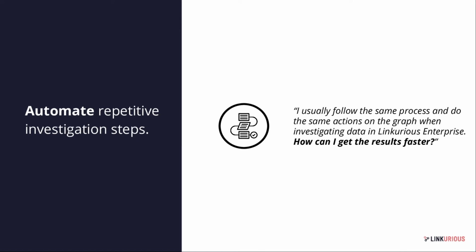To find this, we always start from the same type of data, and we always follow the same investigation steps. So the question is, how can we automate these repetitive investigation steps and get results faster? That's the first example of what Linkurious Enterprise query templates can help you achieve.